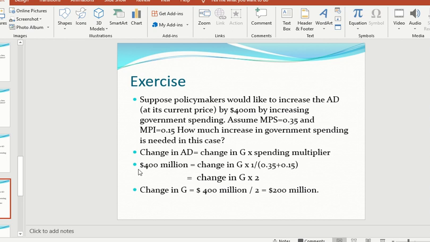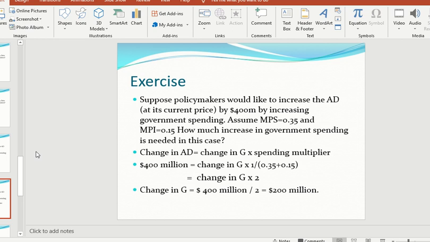What we need to do is to divide both sides by 2, and then you can see that the necessary change in government spending is $200 million. So the policymakers need to increase the government spending by $200 million so that at the end, the aggregate demand can increase by $400 million.